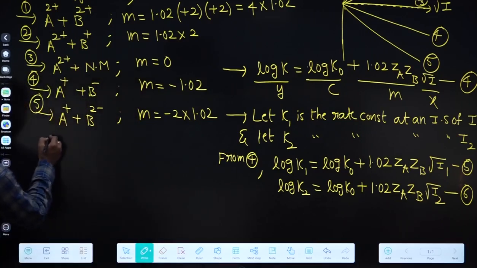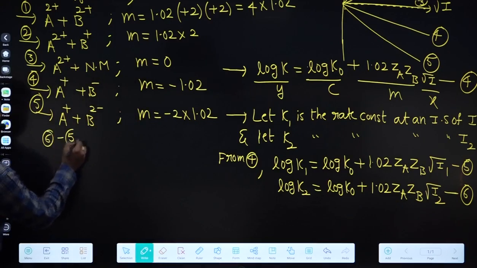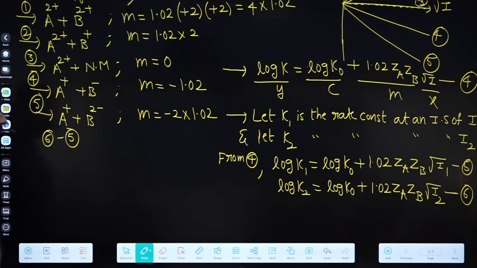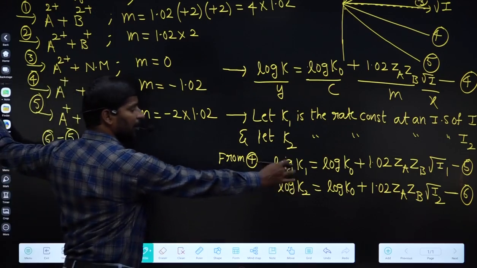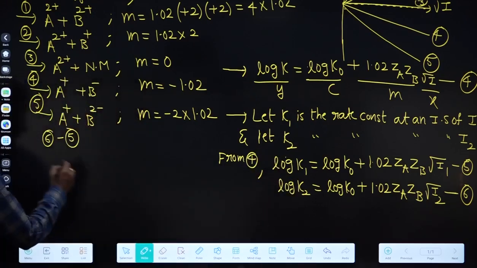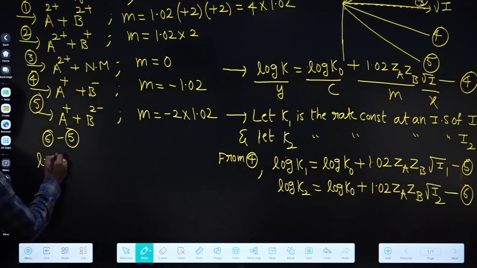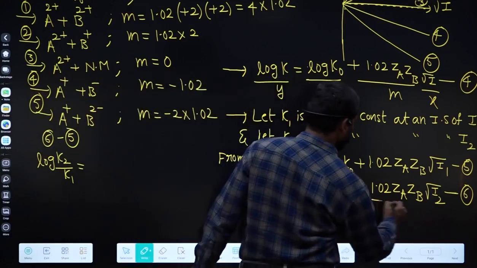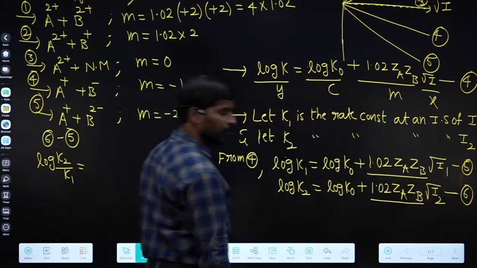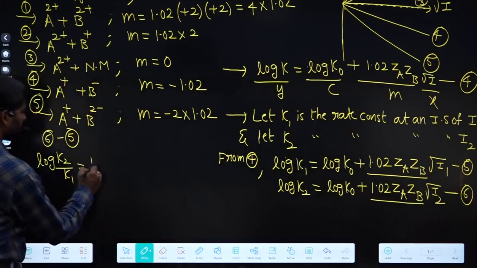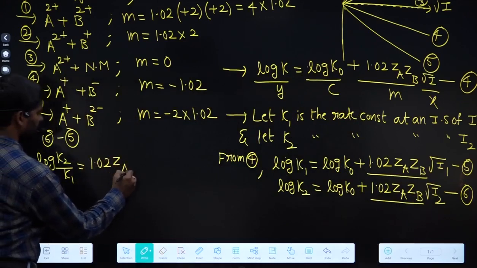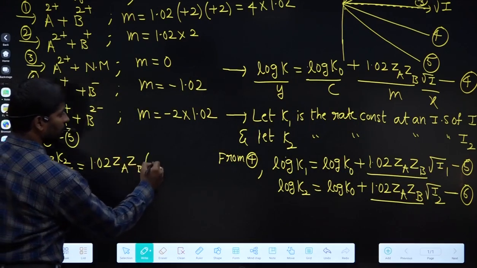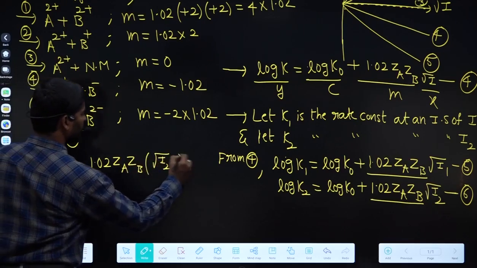Now the final equation: if you do 6 minus 5, log K2 minus log K1, log A minus log B is log A by B, so log K2 by K1. Log K0 gets cancelled. What is common in these two? 1.02 ZA ZB is common, times square root of I2 minus square root of I1.